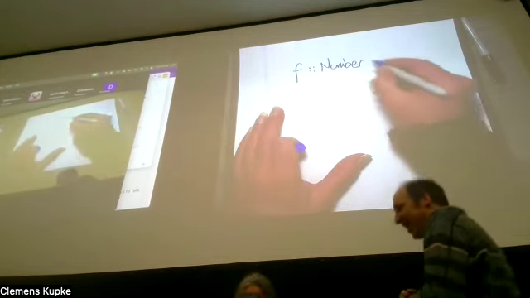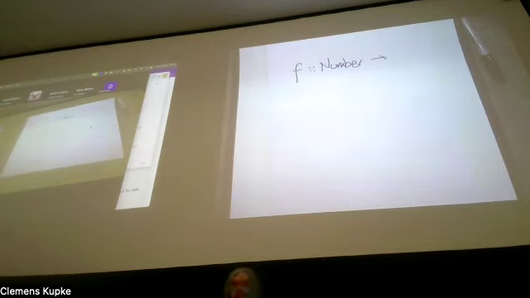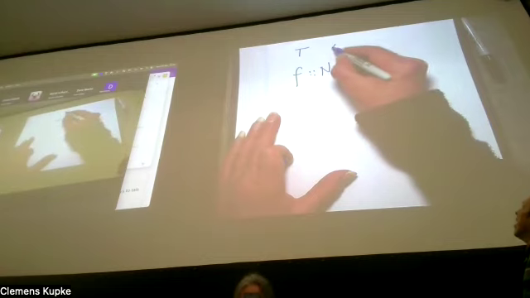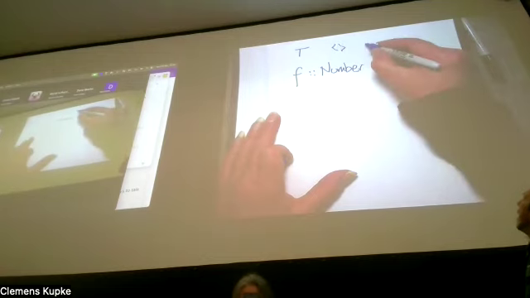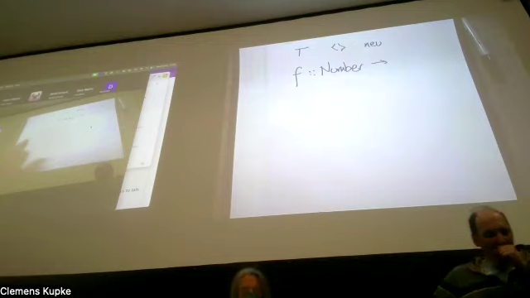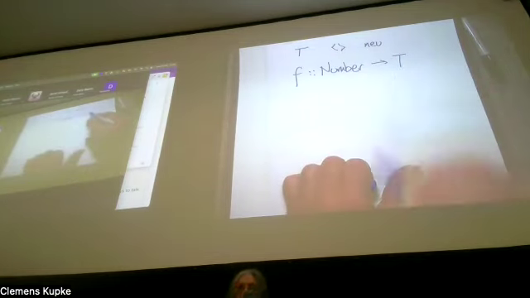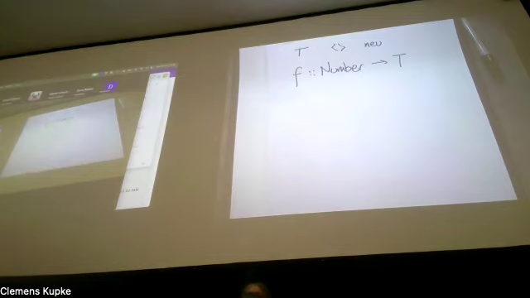Yes. Right. Suppose we know some type. Suppose we've got a monoid. Let's say we've got a monoid T with a combiner and a neutral element nu. We've got some function from number to T.